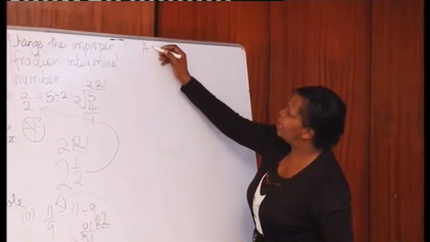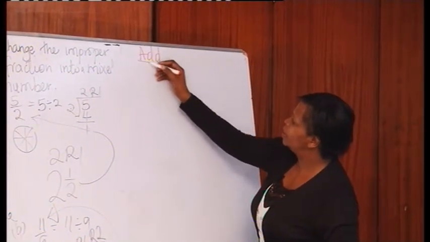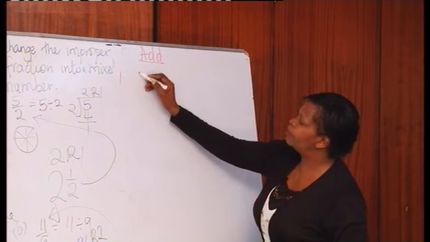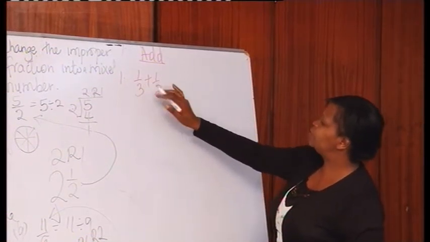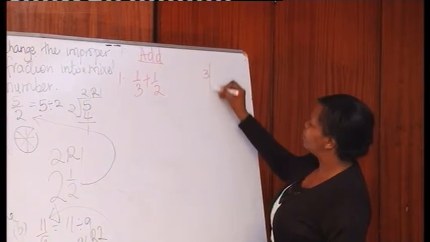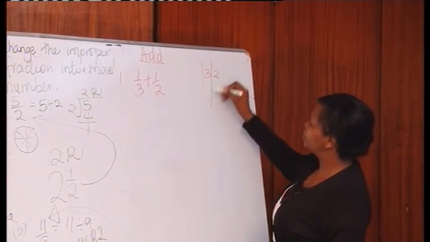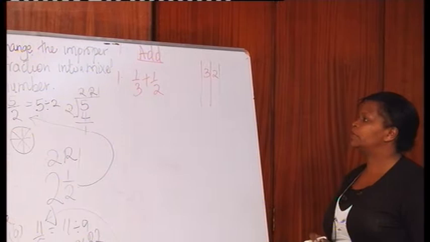So if you're told to add, for example, 1/3 plus 1/2, all I need to do is get the LCM of 3 and 2 using that method we talked about.